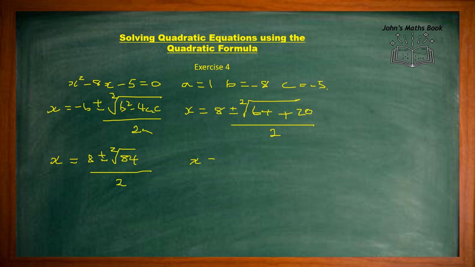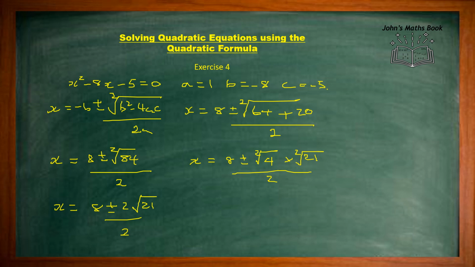So x is equal to 8 plus or minus... now 84 can be written as the square root of 4 multiplied by the square root of 21, all divided by 2. So then we have x is equal to 8 plus or minus the square root of 4, which is 2, multiplied by the square root of 21, divided by 2.